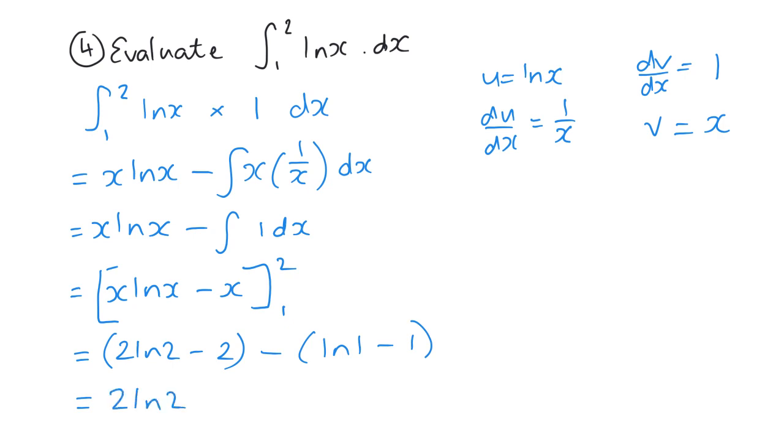So ln 1, remember, that's 0. So I've got 2 ln 2 minus 2, minus minus 1. So that's minus 2 plus 1, which is minus 1. And quite often in these questions, they ask you to leave it as an exact value. So you would just leave it as 2 ln 2 minus 1.